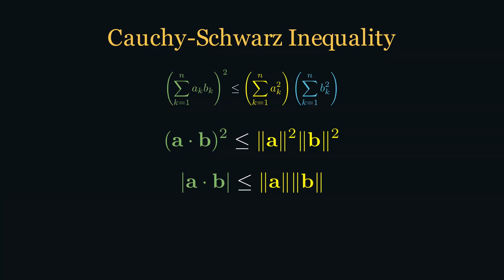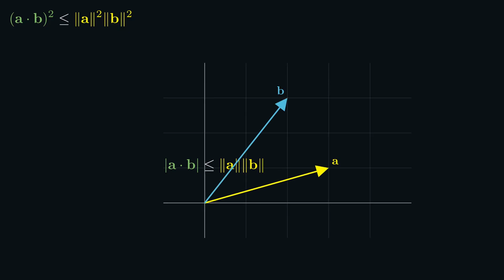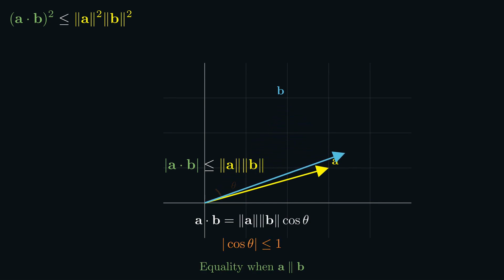Taking square roots, the absolute value of A dot B is less than or equal to the norm of A times the norm of B. Geometrically, the dot product equals the norm of A times the norm of B times cosine theta. Since cosine is at most 1 in absolute value, the inequality follows. Equality holds exactly when the vectors are parallel, pointing in the same or opposite directions.